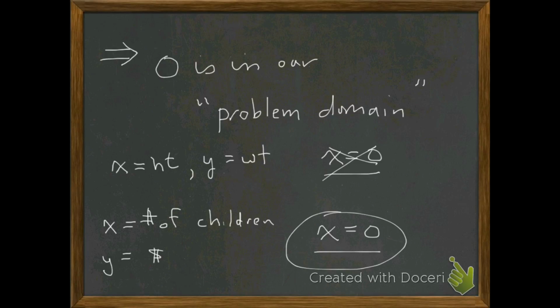So 0 would be in our problem domain. In that situation, the inference on beta 0 would actually take on some meaningful results.